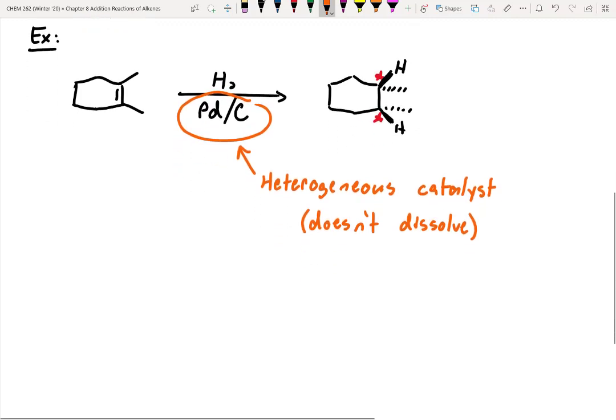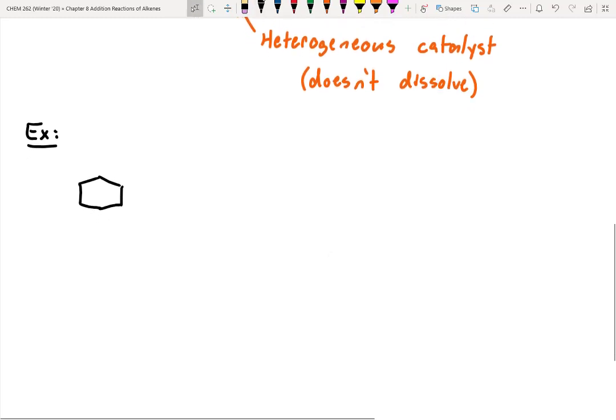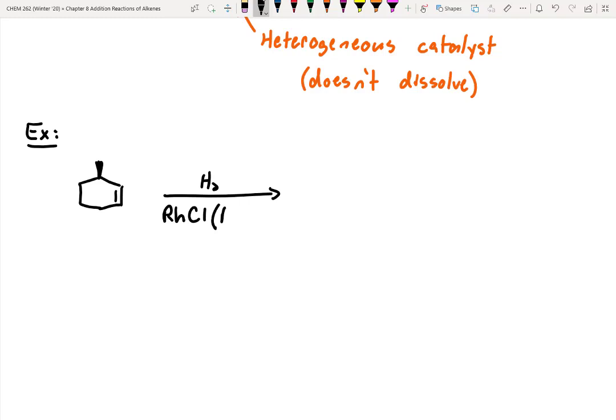What they found, though, is you can actually make some catalysts that dissolve. So let me show you this other catalyst system. In this catalyst system, you still need hydrogen gas, but what they do is they use a ruthenium atom as their catalyst, along with a bunch of ligands.